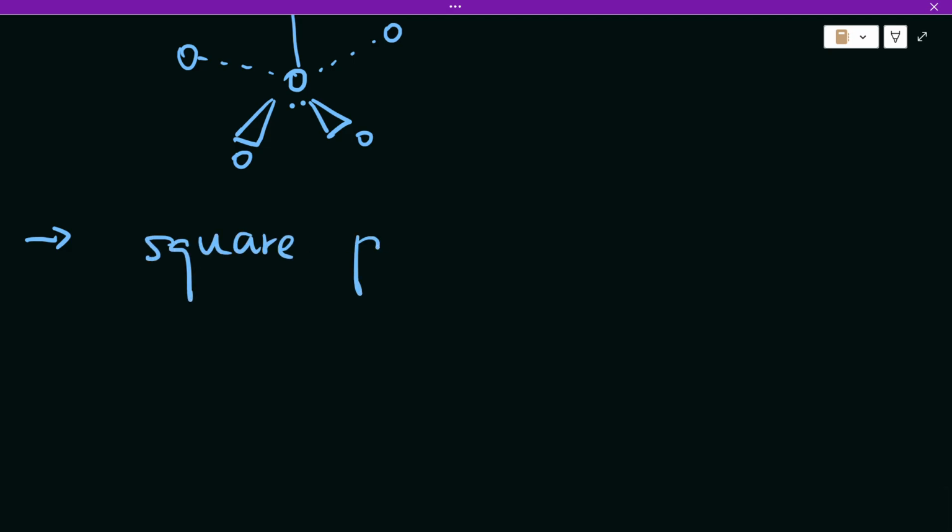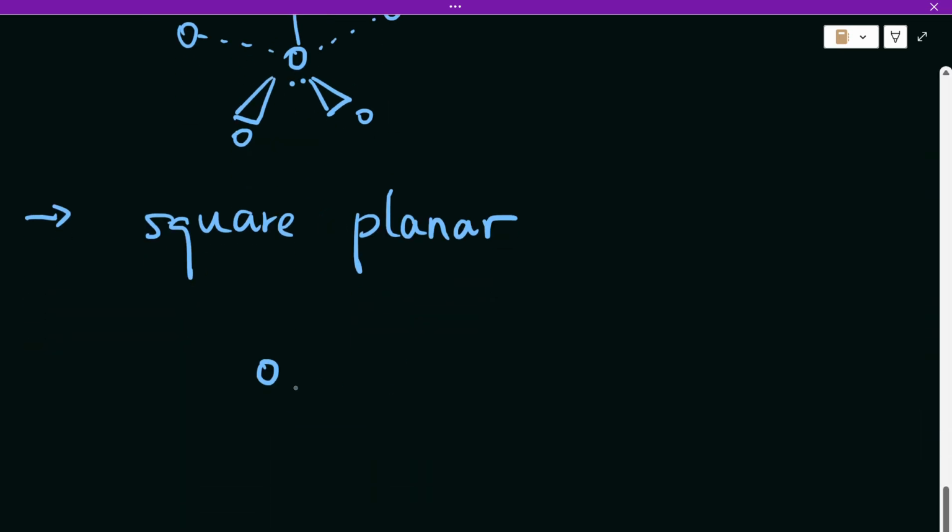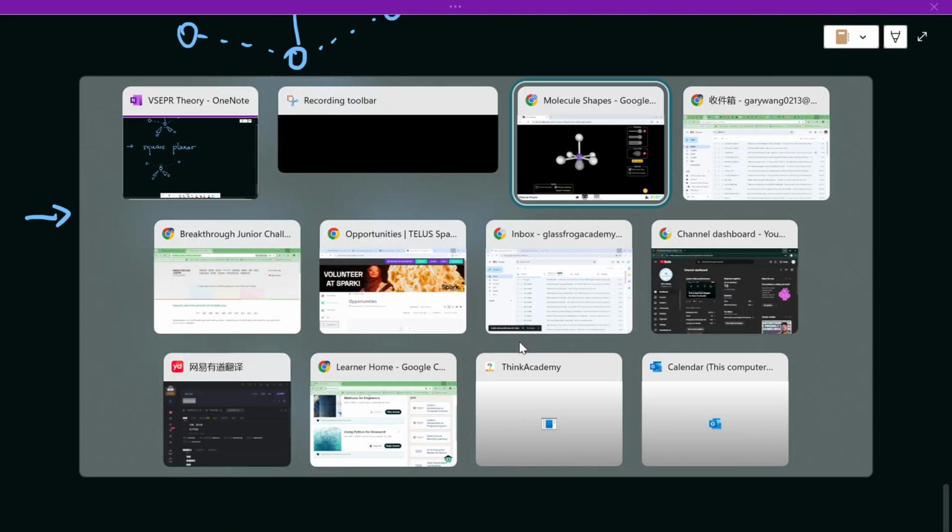And the final shape we will be talking about today is called square planar. And the square planar is when we replace the top covalent bond and the atom with a lone pair as well. So we only have the central square part now.